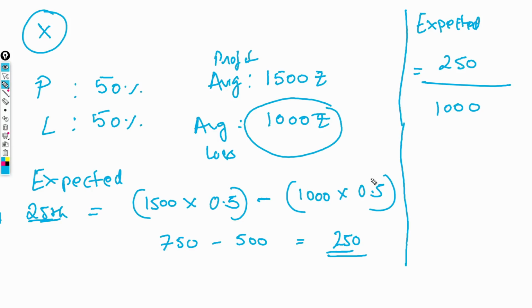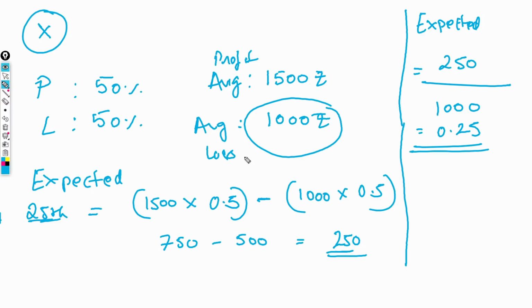To earn 250, I am risking 1000 rupees, because my average loss on a losing day is 1000 rupees. So what is my ratio? Ratio is nothing but 0.25. If the ratio is 0.25, it just means that if you are risking 1 rupee, your expected return is going to be 0.25 rupees.